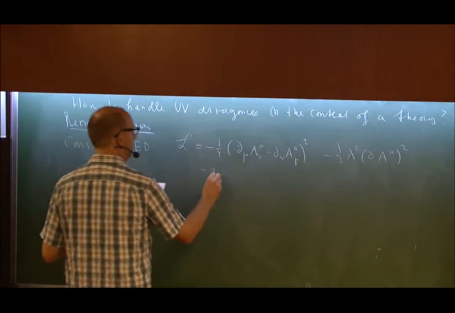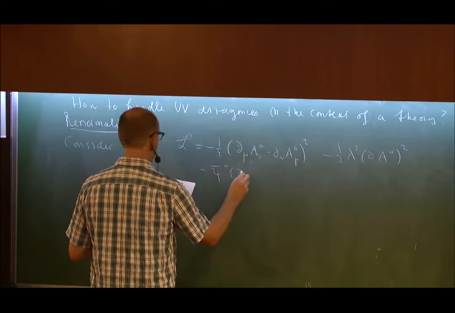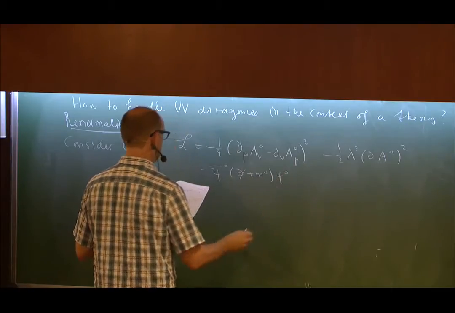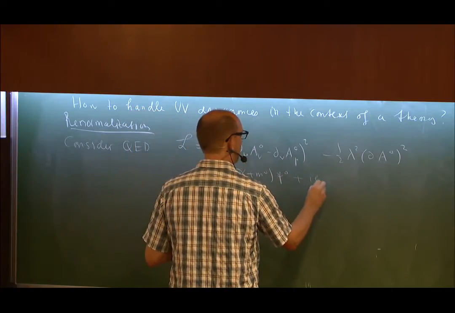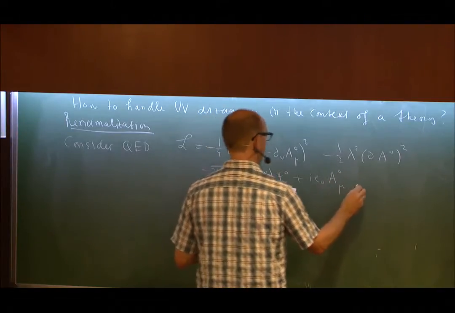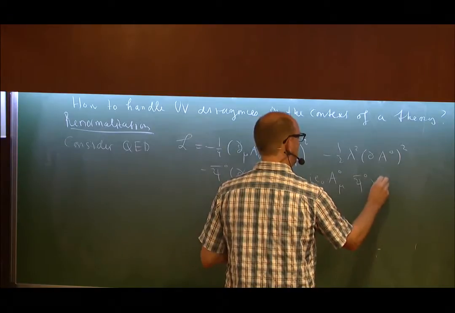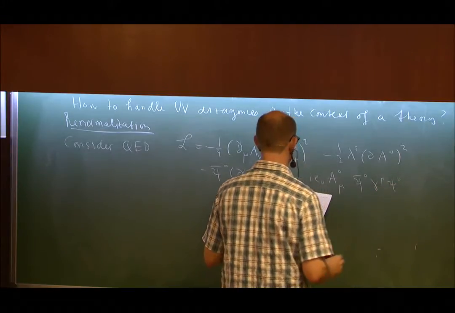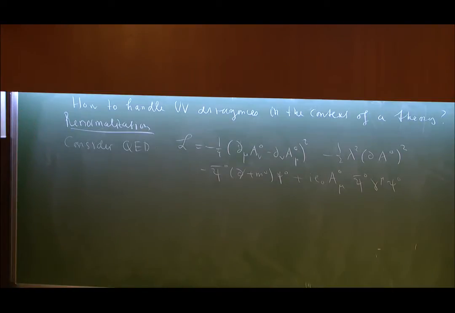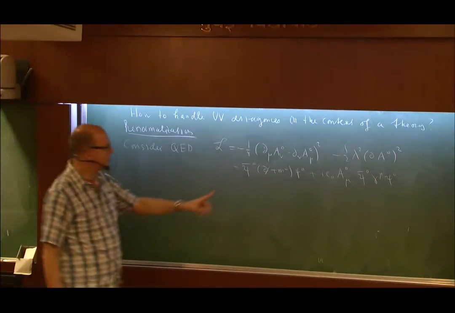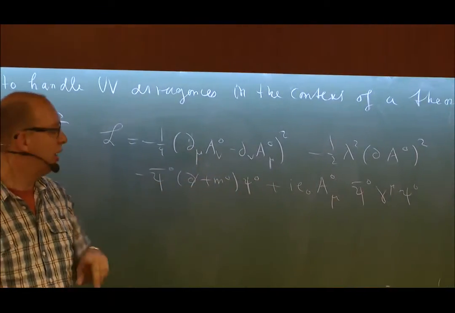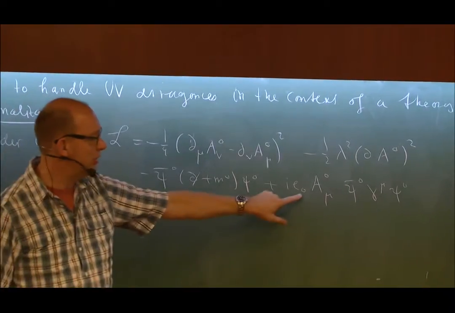Minus psi bar 0 (d slash plus m0) psi 0 plus i e0 A mu 0 psi bar 0 gamma mu psi 0. So that's the QED Lagrangian, where I have made a little label 0 on all the fields and the parameters of the theory. So the fields are A and psi, and the parameters are m0 and e0.